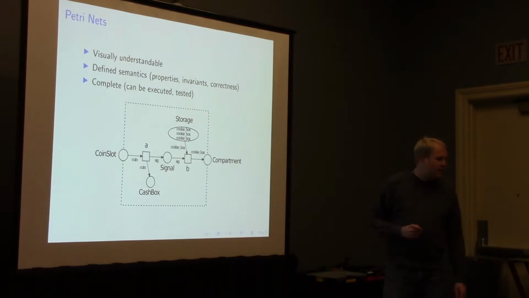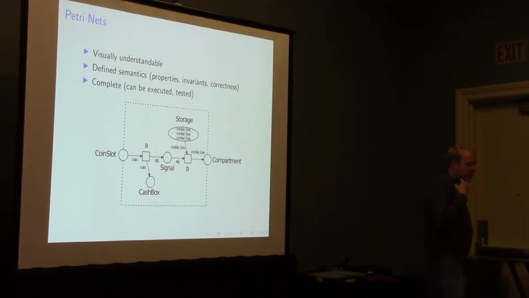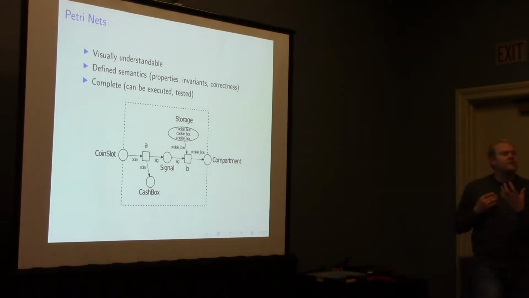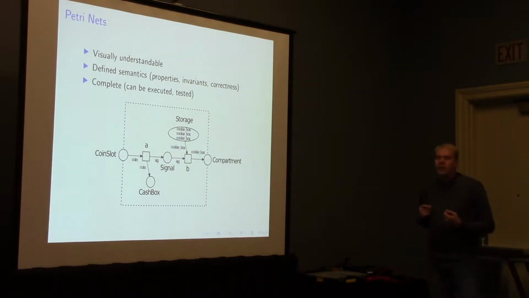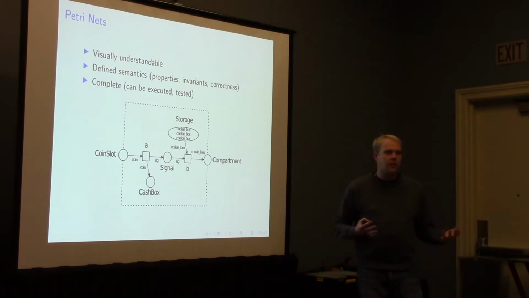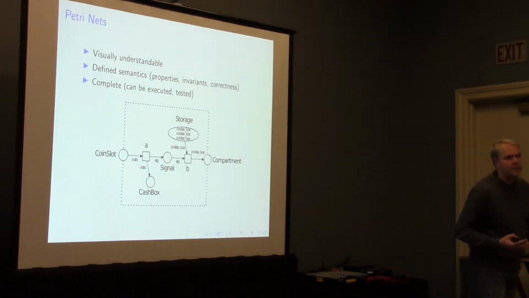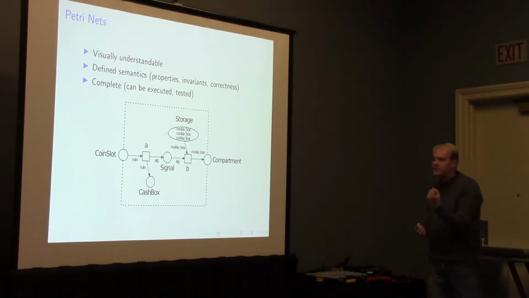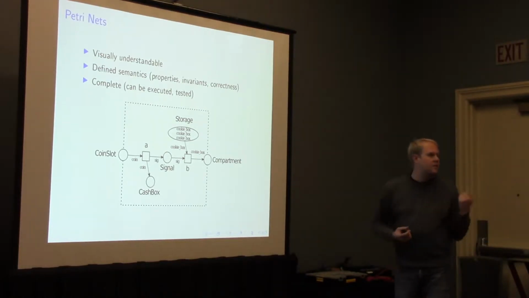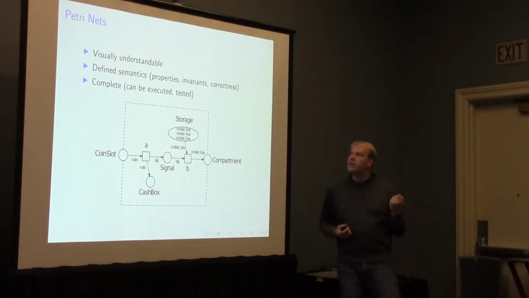The second thing I really like about Petri nets is that since there is a defined semantics, we can look for properties that are important to us, like whether they terminate or whether they're alive, or we can look at invariants, for example, that something that is in the system can be passed around but can never disappear. That would be an invariant.